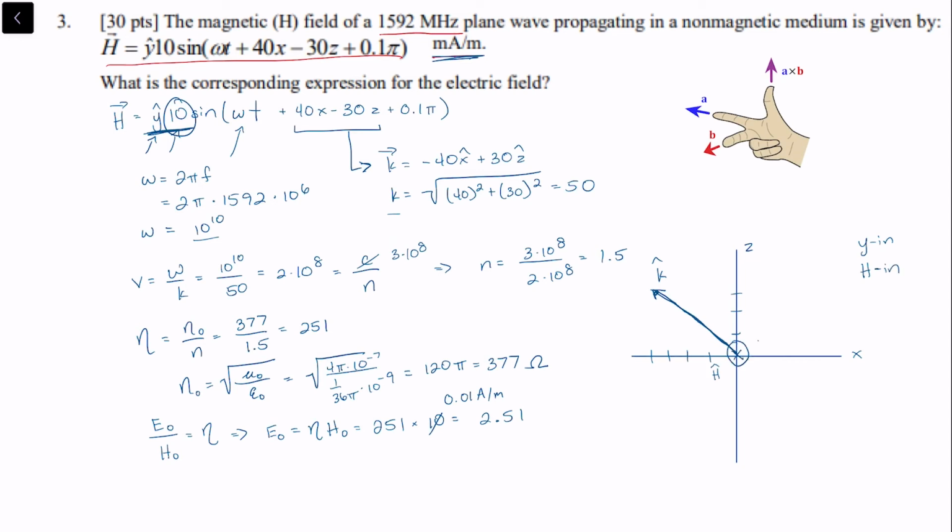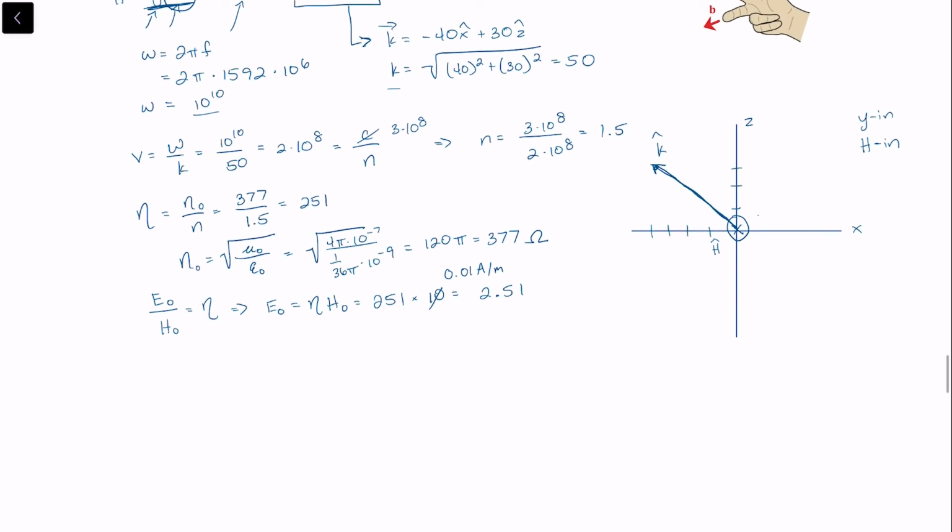Now this is where we start to use our right-hand techniques. Now, some important information to know is that K is perpendicular to E and likewise perpendicular to H. We can simplify this. The magnetic field and electric field are always in phase.